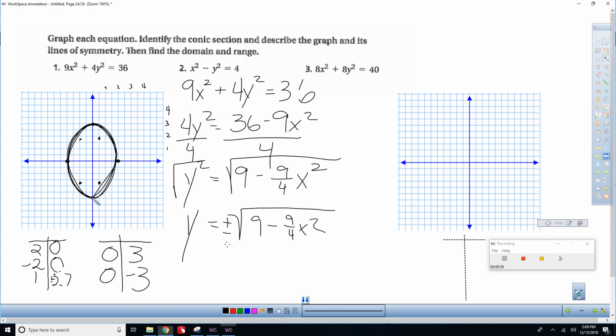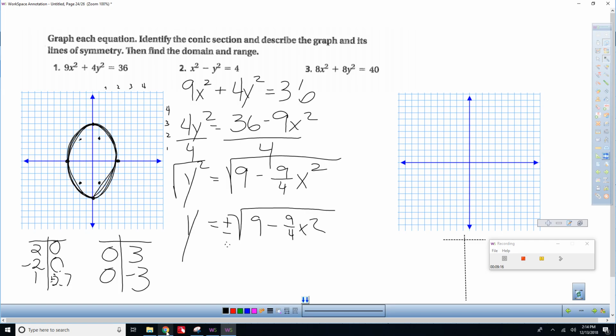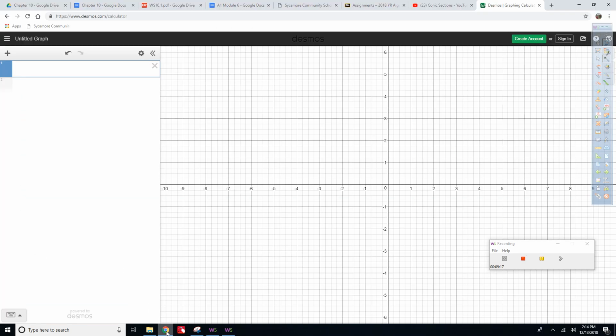So here's where Desmos comes into play. I want you to play around with Desmos for this chapter. So we're going to type in 9x squared plus 4y squared equals 36.